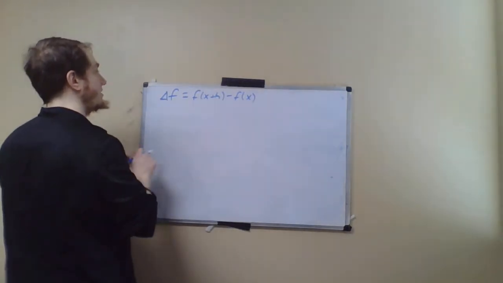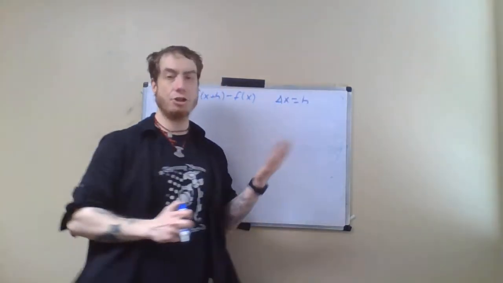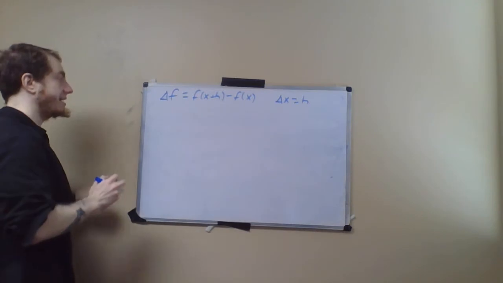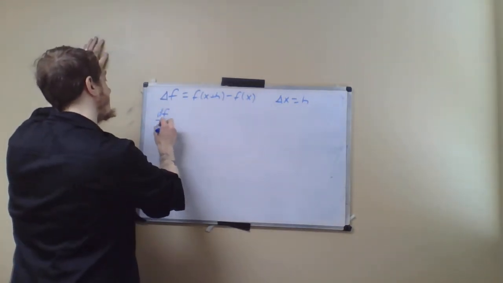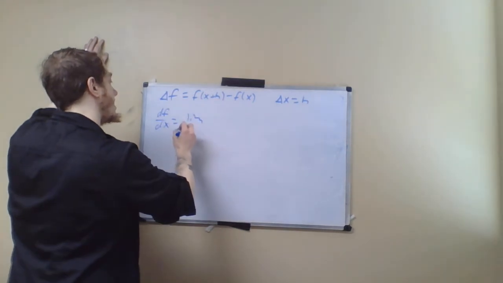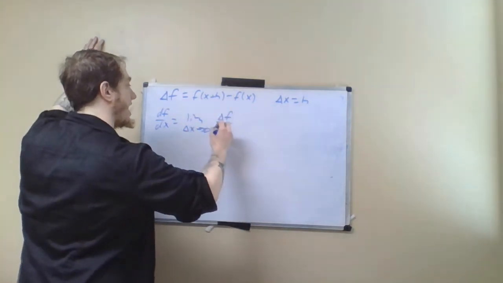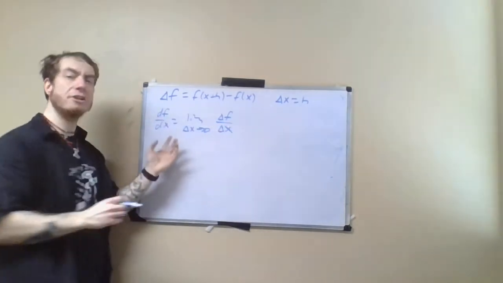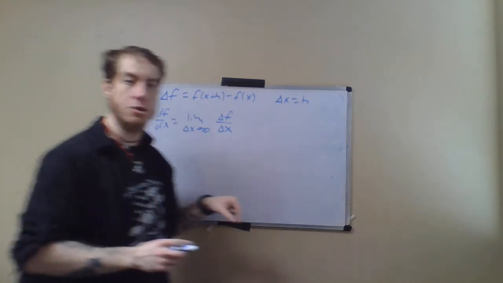And if we write delta x in place of h, because it's convenient, then we can say that the derivative of f with respect to x is the limit as delta x goes to 0 of the change in f divided by the change in x. I've actually mentioned this before. It's where this df by dx notation comes from.